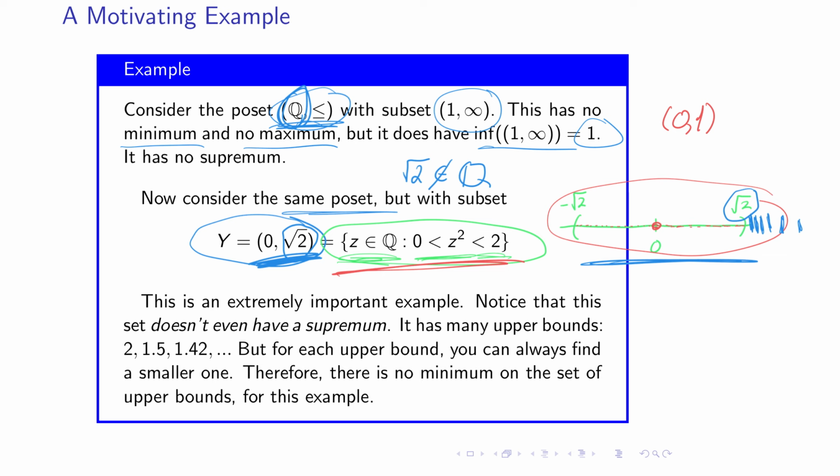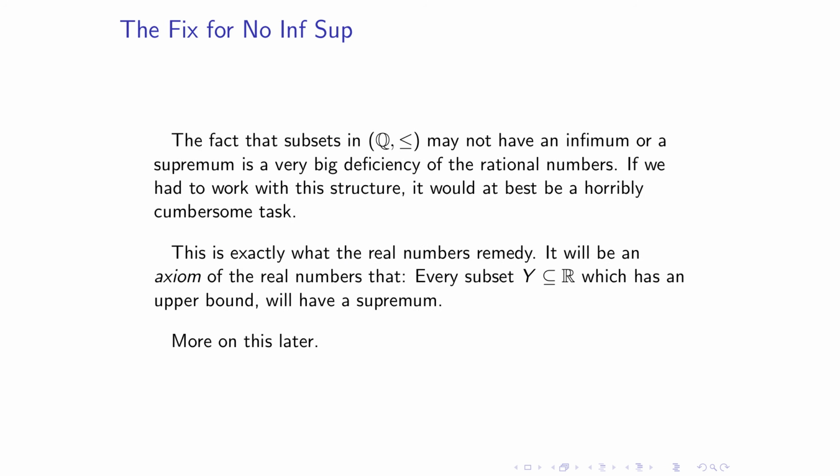So the point here is that when dealing with the rational numbers, you can have sets that are bounded above, but do not even have this expanded notion of a best upper bound. There are infinitely many upper bounds, and any one that you pick is not the best. So what do we do about that? Well, we'll see more about this in future videos, but this is exactly why the real numbers were invented, effectively.